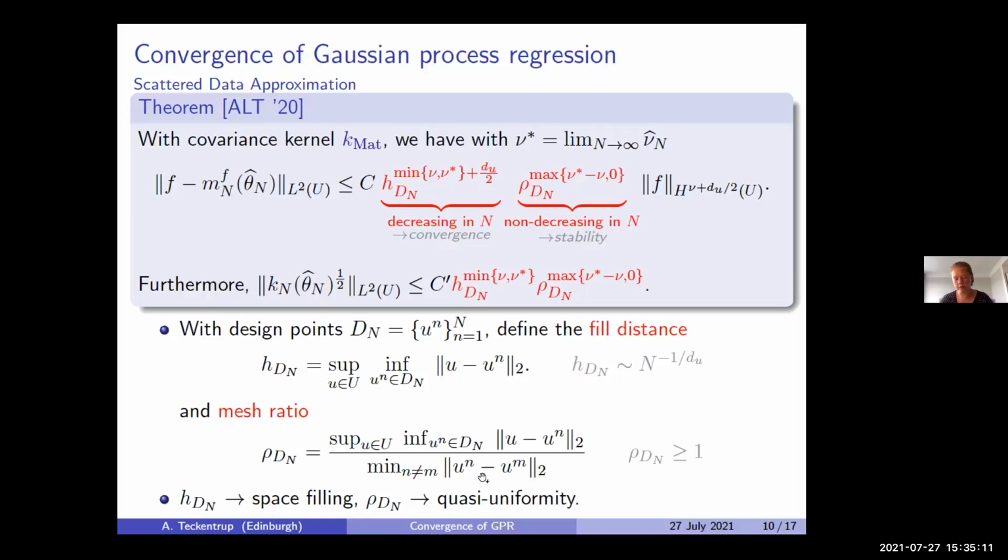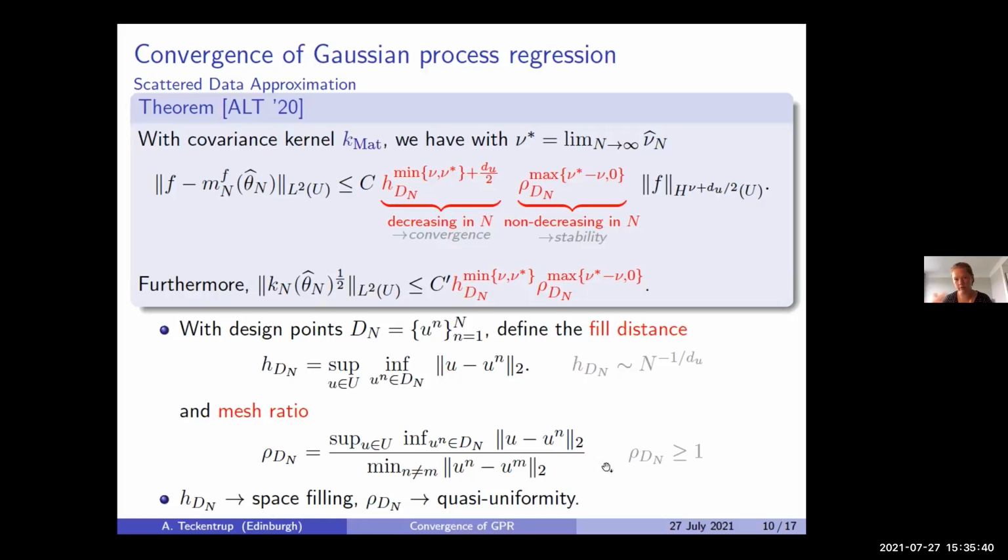So one way to think of the mesh ratio is the maximum distance between design points divided by the minimum distance between design points. As long as you have what's called a quasi-uniform grid, so if you think of starting with a set of design points and then always uniformly refining that, then this mesh ratio will be constant.